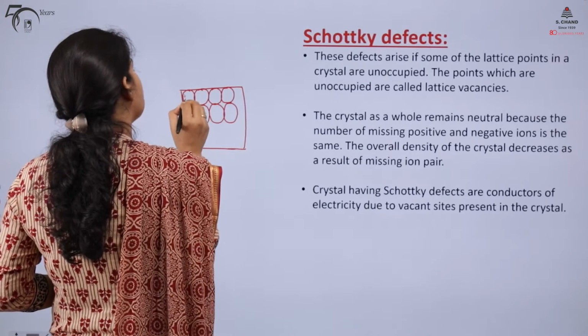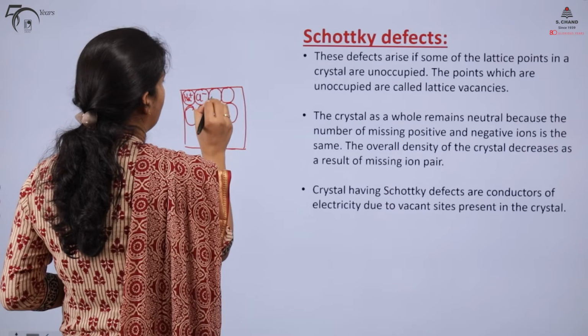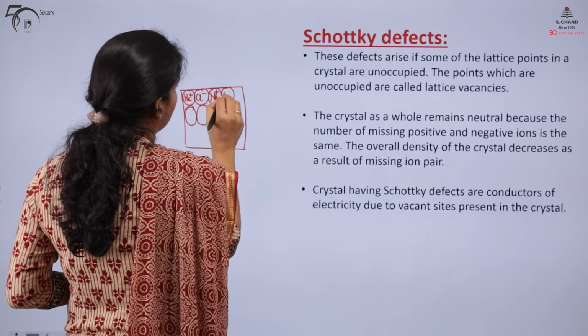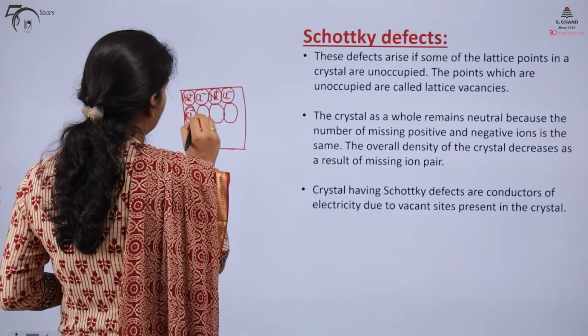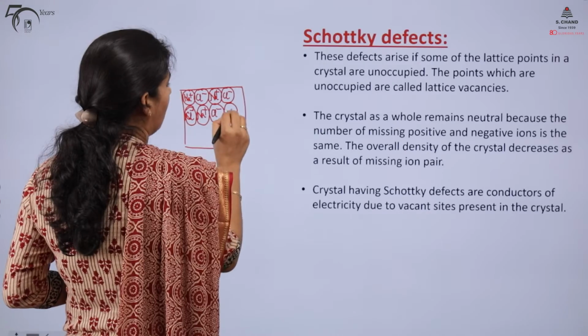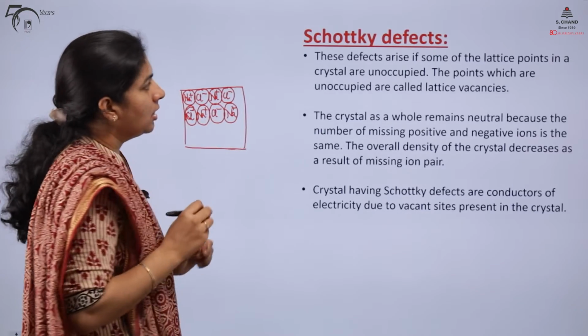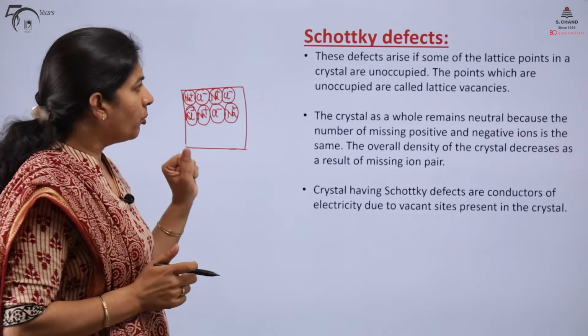Let's say this is my sodium ion, chloride ion, sodium ion, chloride ion, again chloride ion, sodium ion, chloride ion and sodium ion. So they have to be at their respective positions.